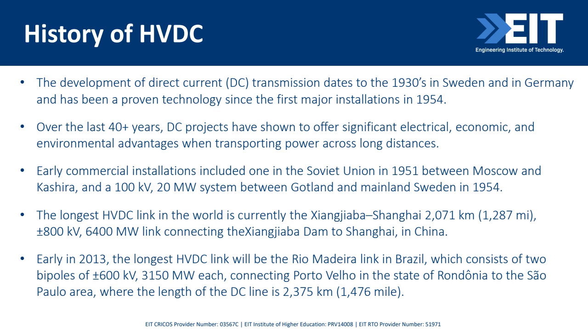So, HVDC history. I briefly touched base on the history of DC. It's not something new. Actually, the very first grid network was based on DC transmission, but at that time it was not HV, meaning we didn't have the capabilities to produce high voltage DC.